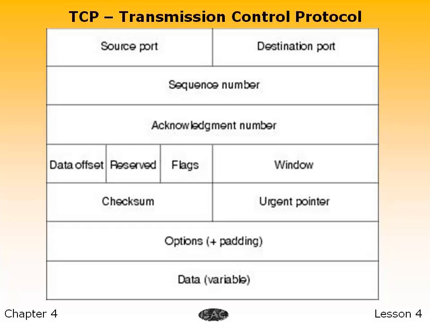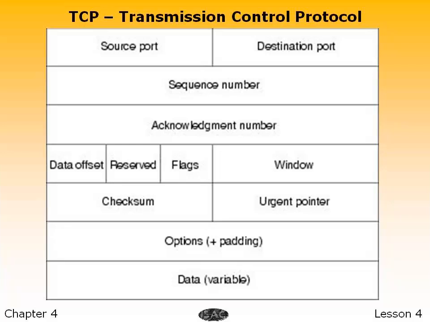CWR, congestion window reduced, flag is set by the sending host to indicate that it received a TCP segment with the ECE flag set and had responded in the congestion control mechanism.